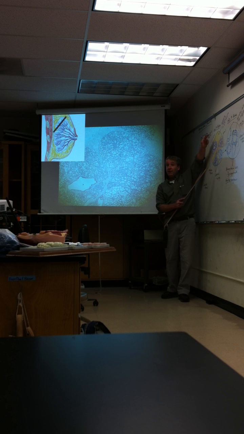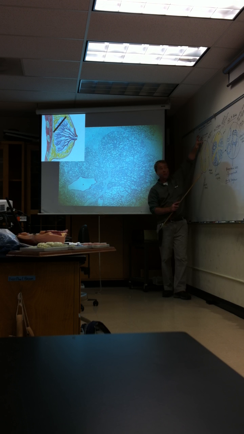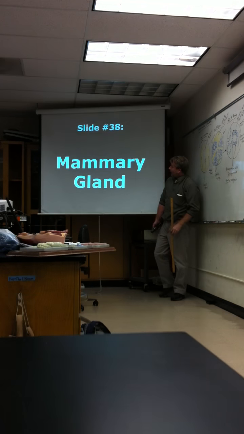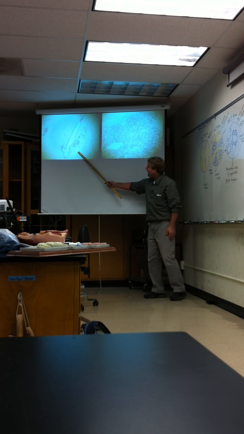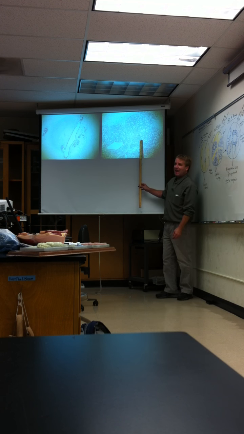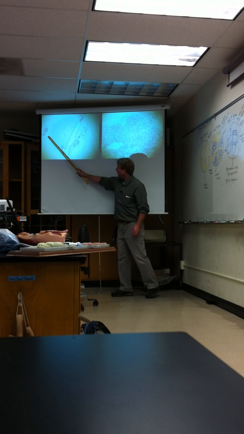If you are not pregnant or you are not breastfeeding, then you would have an inactive mammary gland. And so we'll be looking in the microscope at both. And so this is low power, showing the inactive mammary gland and an active mammary gland. And so then we'll start with the inactive one.